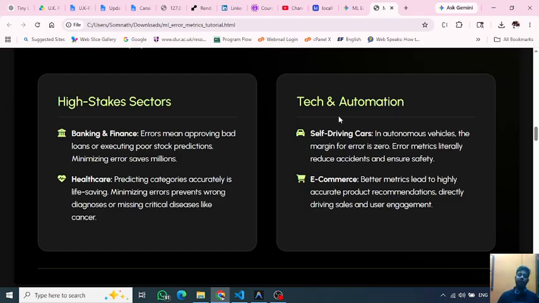Also the tech and automation sector, like self-driving cars. Here the error margin should be zero, otherwise accidents will happen. Same for e-commerce.